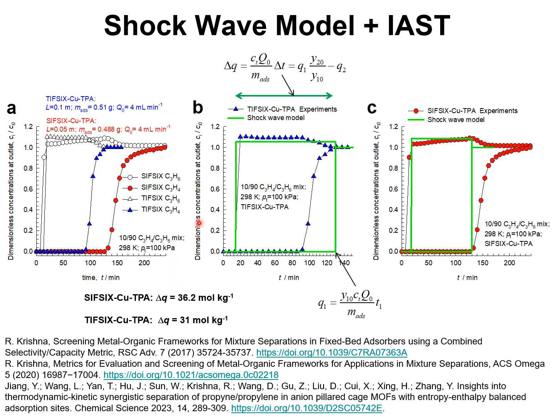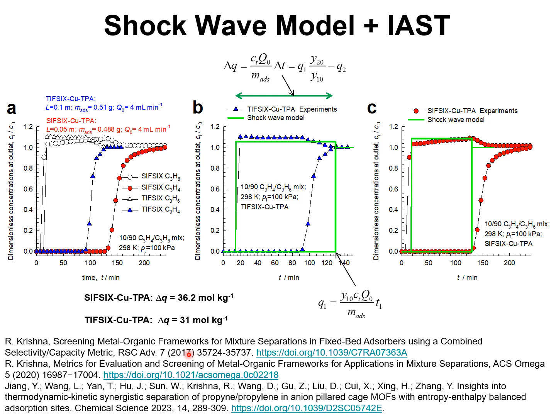The shockwave model is an idealized case in which the concentration fronts traverse the column in the form of shock waves, and this model is described in two of my papers. The first one, RSC Advances 2017, the other one in ACS Omega in 2020.